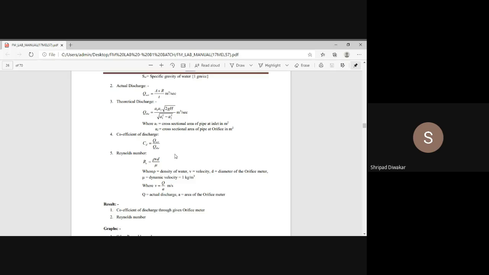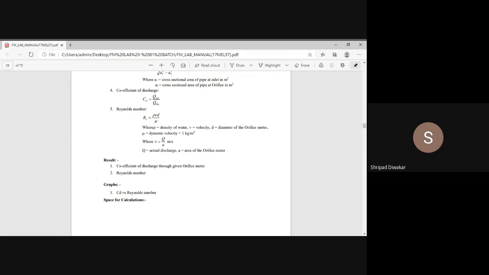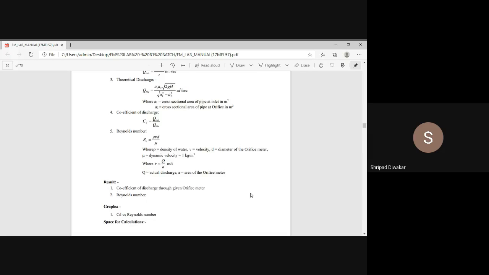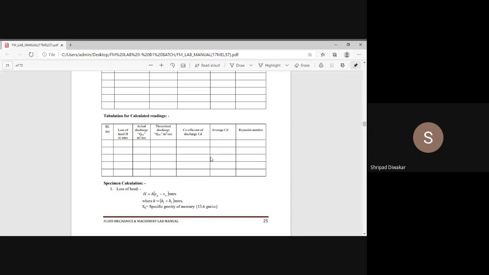These are the 5 formulas in this experiment. Any doubts? No, sir. So you should know how to write the observed readings, then calculated readings, and then the calculation. Whatever calculated values you get, put them in the calculated tabular column.